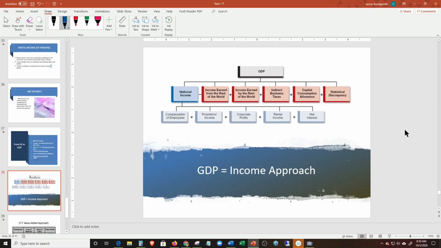And here are all sources of the income approach. We can see national income. That's all of these things up in here. Then we have to subtract income earned from the rest of the world. Then we add income earned by foreigners here. We add the indirect business taxes that businesses collect for governments and send to them, like sales taxes and excise taxes.